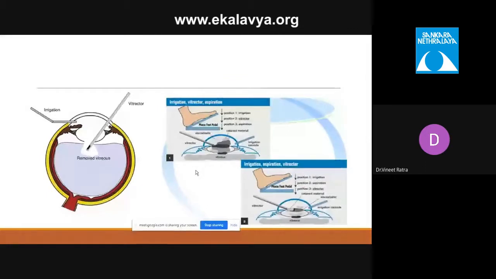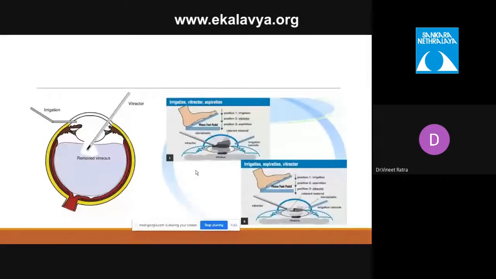Once the vitreous cuts, it will fall back. The other vitreous which is there in your bag and in the anterior chamber can then be removed with the vitrectomy probe.